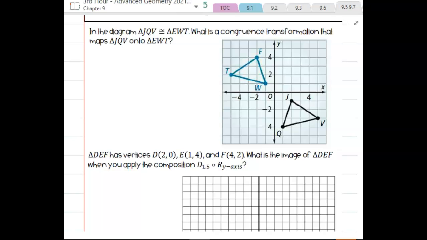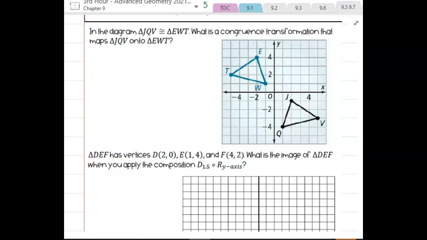Now, what I've figured out through talking through second hour a little bit, I think the hard ones to decide between are whether you rotate something or whether you reflect something. So the first thing that we want to make note of is the congruence statement. My congruence statement says JQV is congruent to EWT. And remember, that congruence statement is really important because it tells me what angles correspond with what angles.